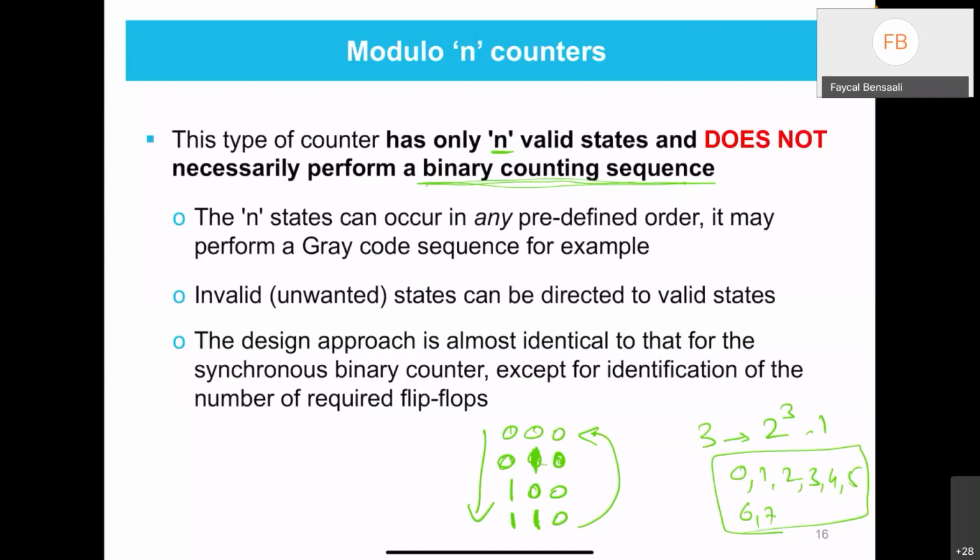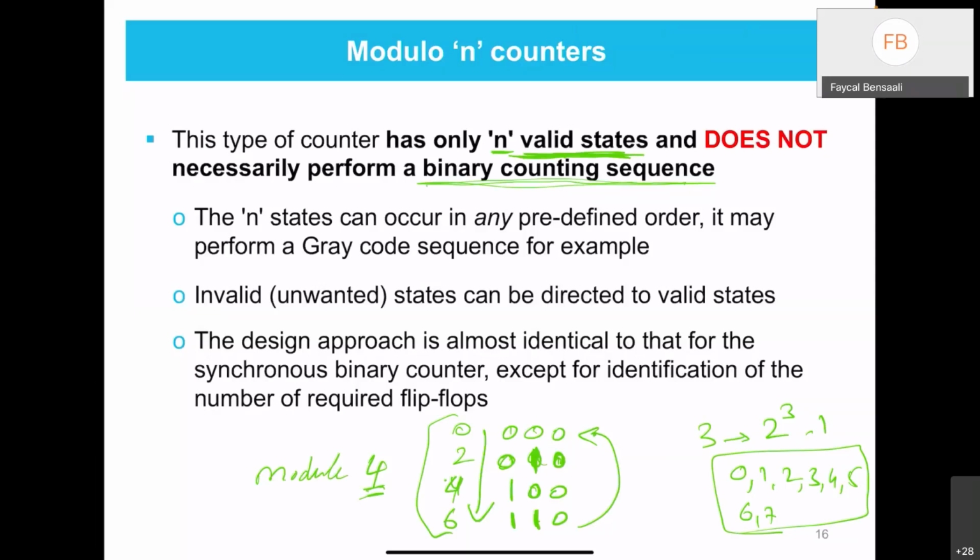What does this mean? It means that state 0, state 2, state 4, and state 6 are valid states. The rest are invalid states. I don't need them. And I call this a modulo 4 counter. It has 4 valid states.